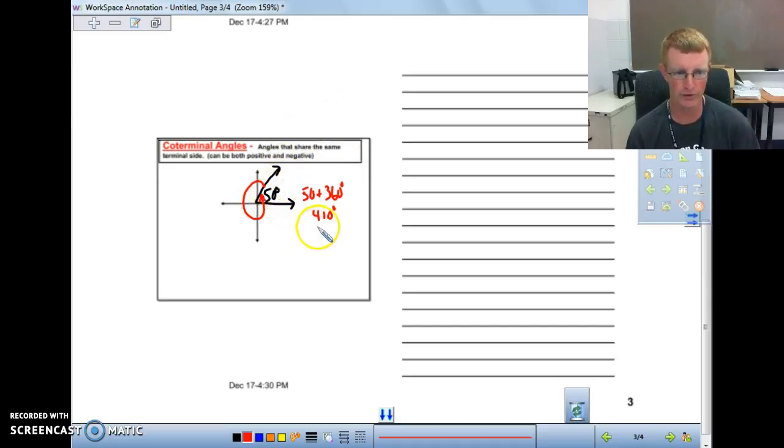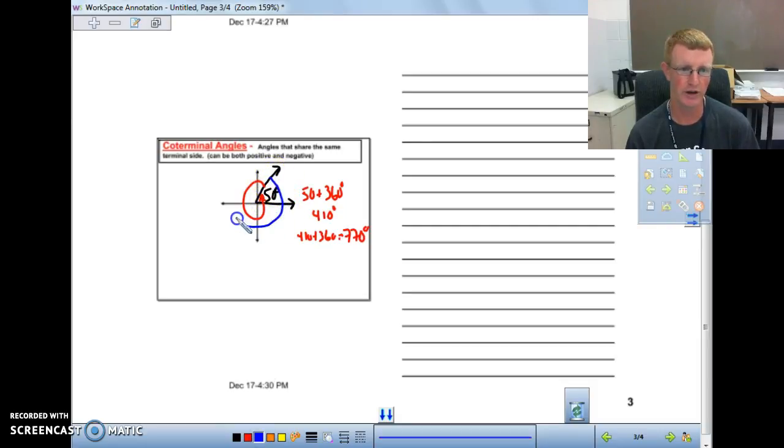And you could even add 360 again. So 410 plus 360 is 770 degrees. It just means we went around the circle even again. So 770, 410, and 50 are all coterminal. And we can even go in the opposite direction. Let's say we wanted a negative angle.